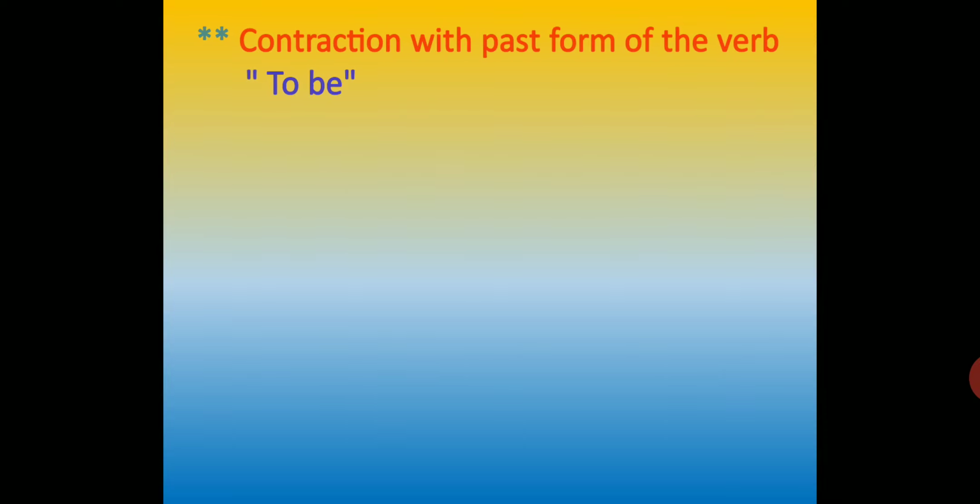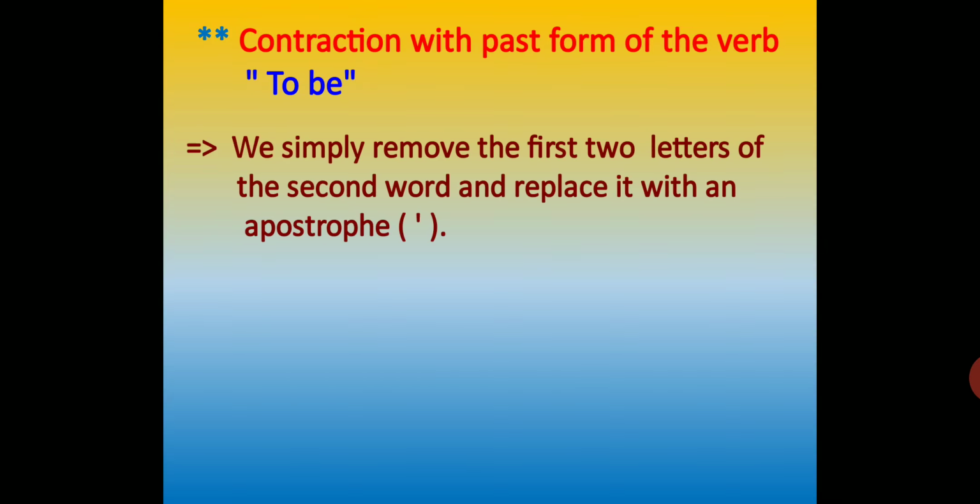Let's move on to the next topic. The contraction with the past form of the verb to be. Which are they? Yes, was and were. Here we simply remove the first two letters of the second word and replace them with an apostrophe.